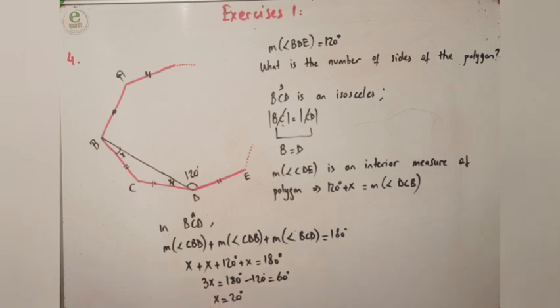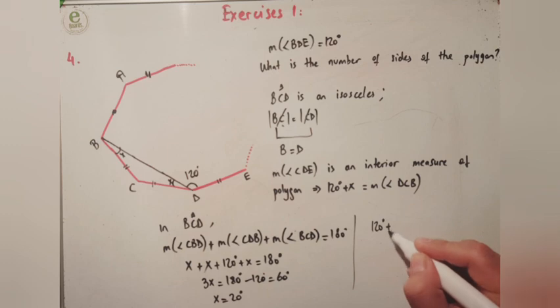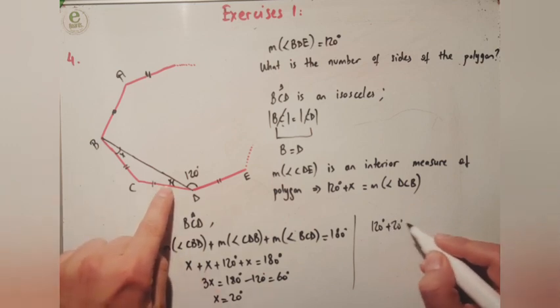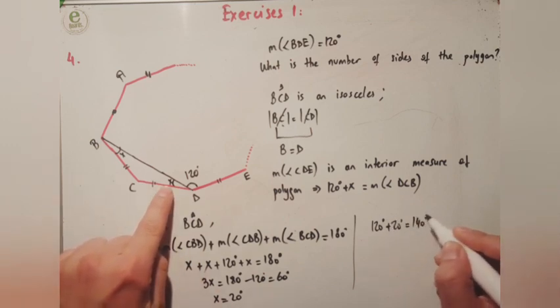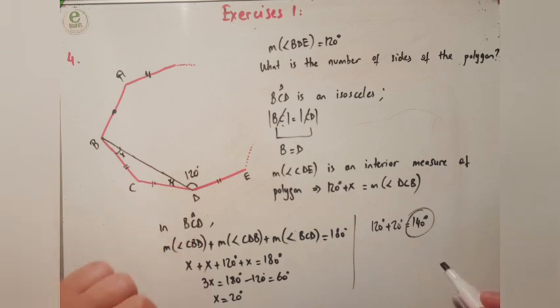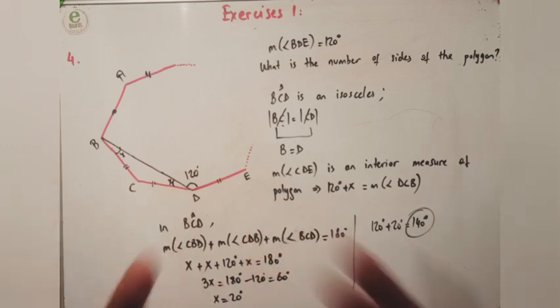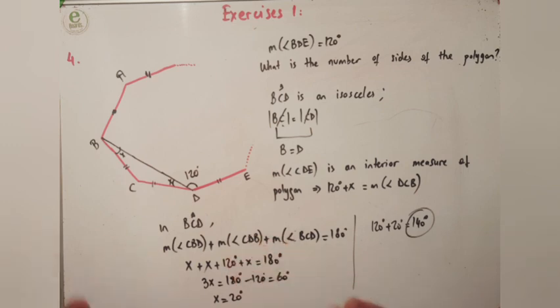The measure of an interior angle of the polygon is 120 plus 20 degrees. It is 140 degrees. The measure of an interior angle of the polygon is 140, we got it. And the number of sides of the regular polygon: 140 degrees is equal to (n minus 2) times 180 degrees over n.